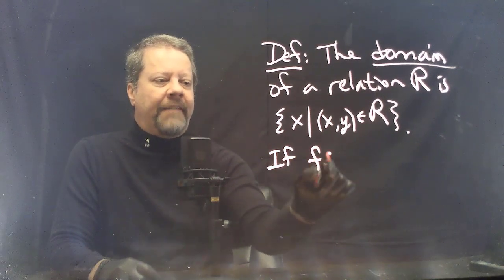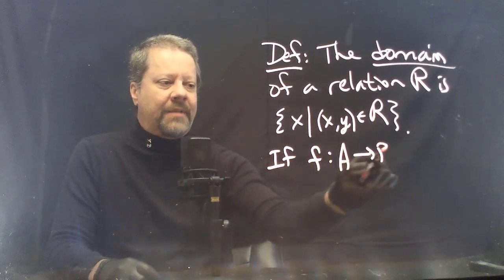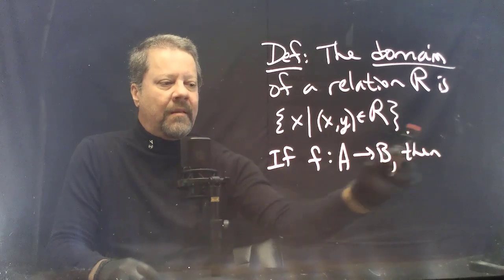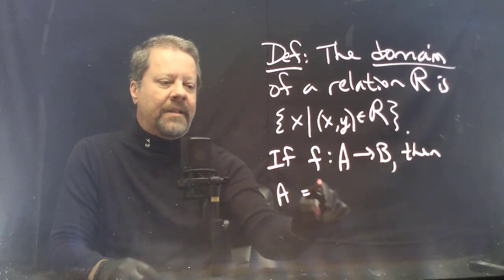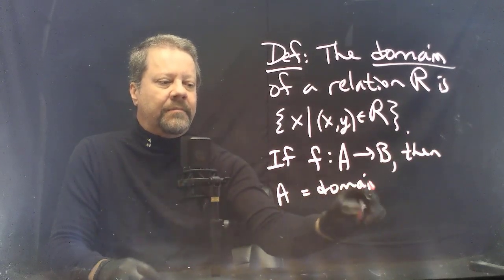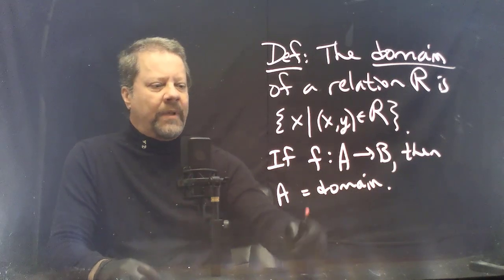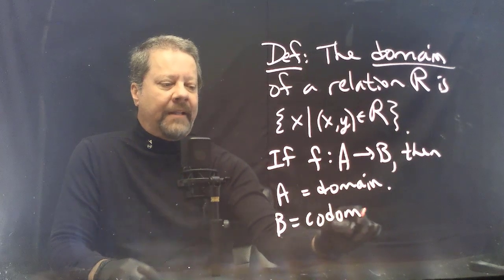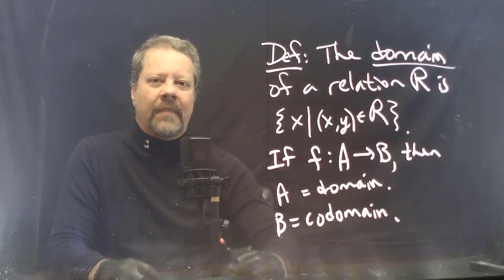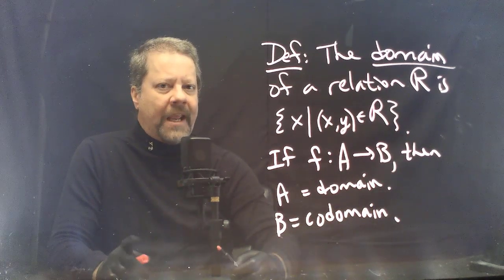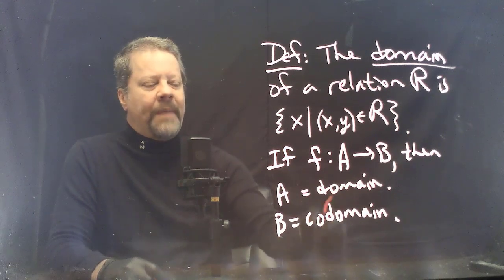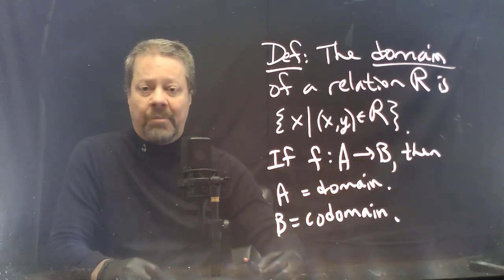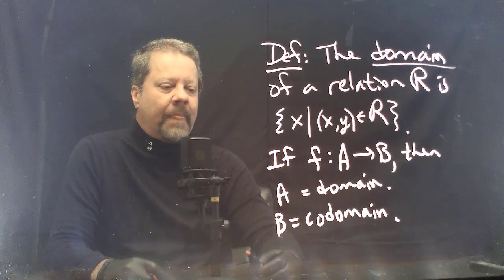If f maps some set A into some set B, then A is the domain. We call B the codomain. It's a little bit different from the range. The codomain is the set that outputs come from.